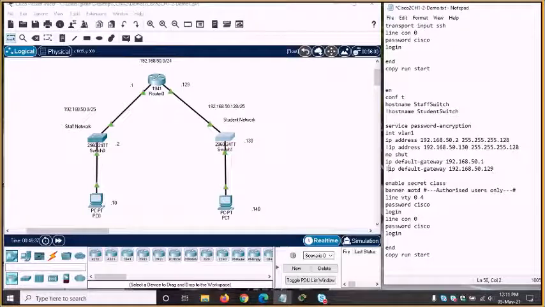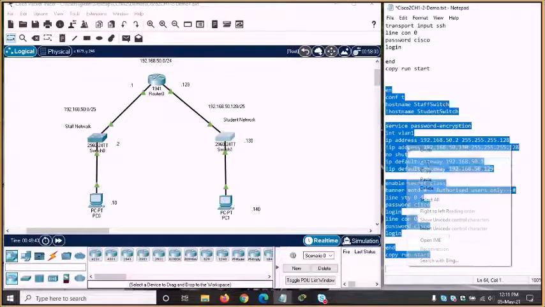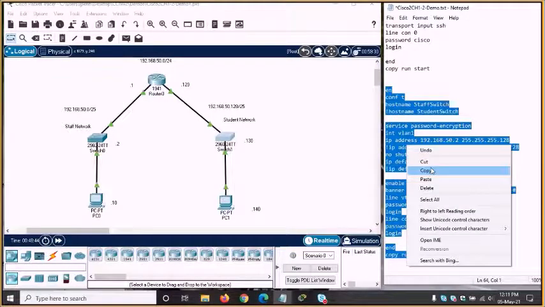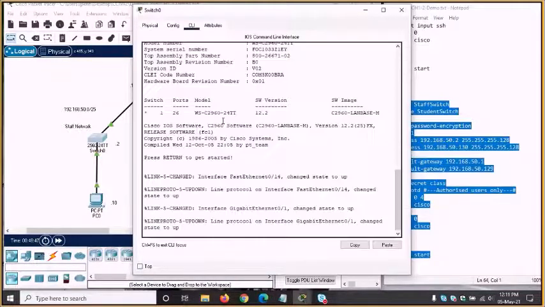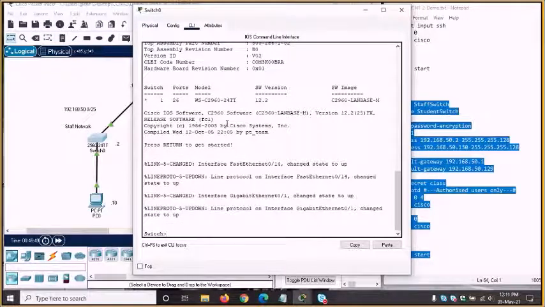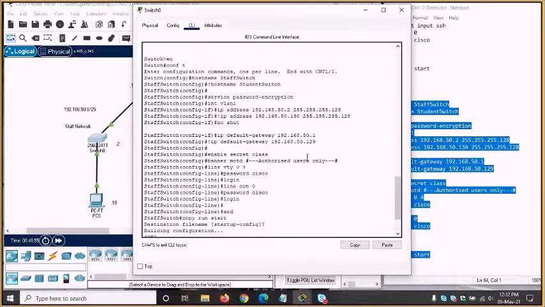I think that's all I need to do. Control V. I keep forgetting that it doesn't work everywhere. Okay, again, that seems to be pretty good.